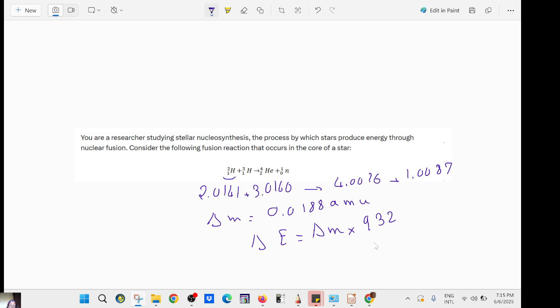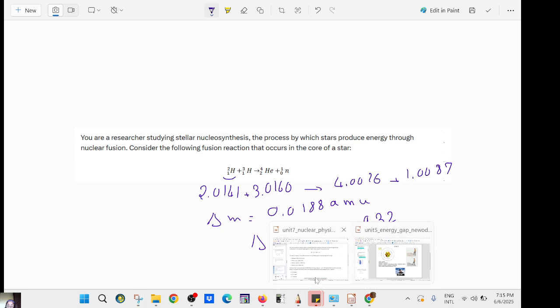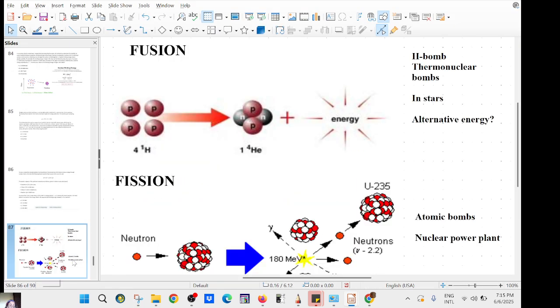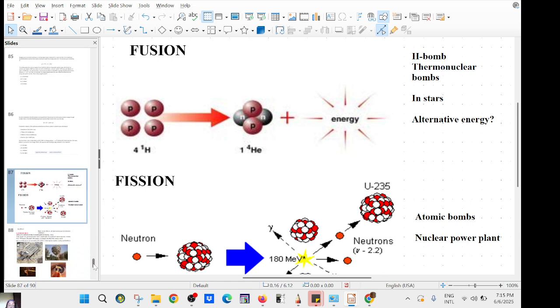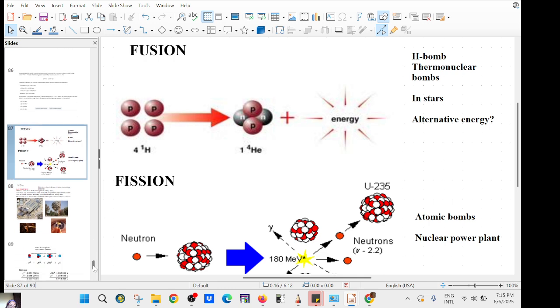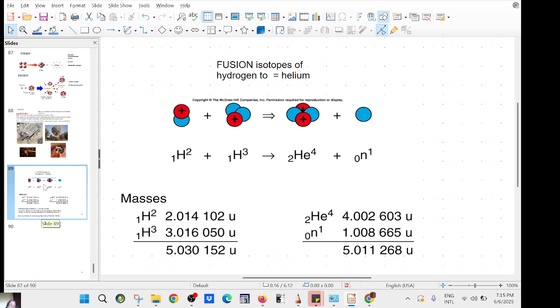Okay, and you find 17.6 MeV. Okay, that's all there is to it. It's not too complicated, right? So you can have fusion or fission, it doesn't matter. You are still releasing energy because mass is lost. Okay, this is the example of fusion.